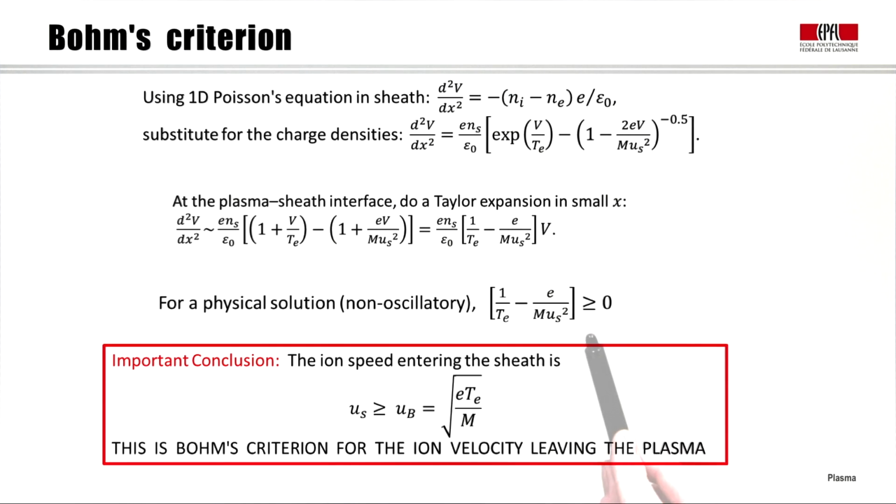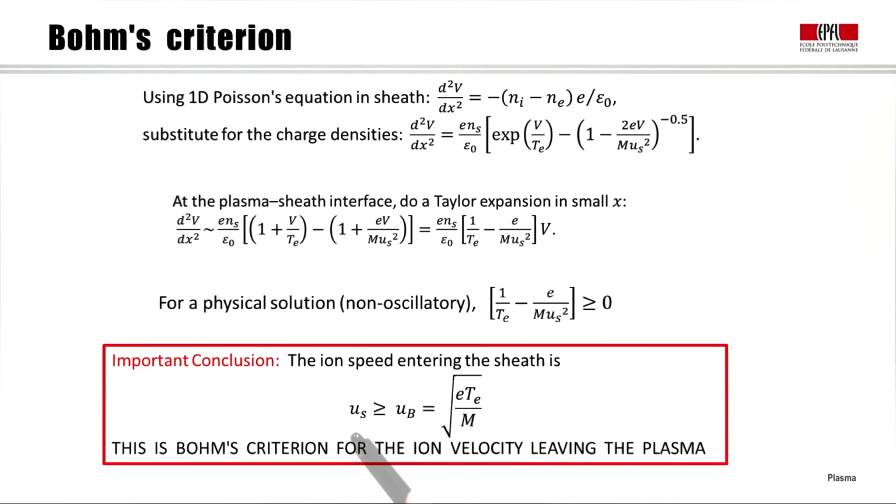From this inequality, we find an important conclusion, that is that the ion speed entering the sheath, us, has to be bigger than the square root of Ete over m, where Te is the electron temperature in electron volts, therefore Ete is the electron thermal energy in joules, and m is the mass of the ions.